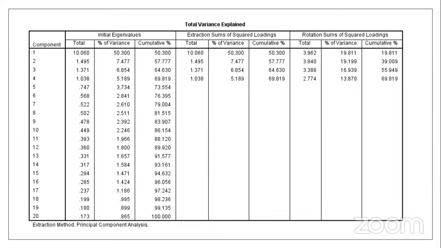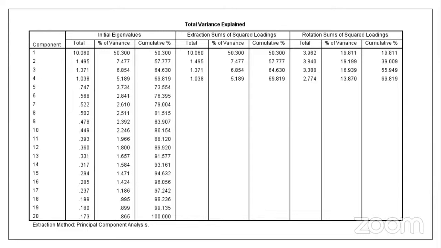So the first component explains 19.81% of the total variance. Second component explained 19.2% of the total variance. Third component explained 16.94% of the variance. And the fourth component explained 13.87% of the total variance. Altogether, these 4 components explained 69.82%. It's close to 70%, which is very good actually.